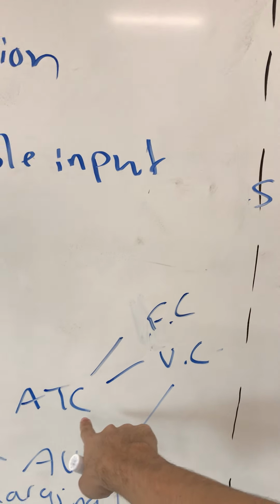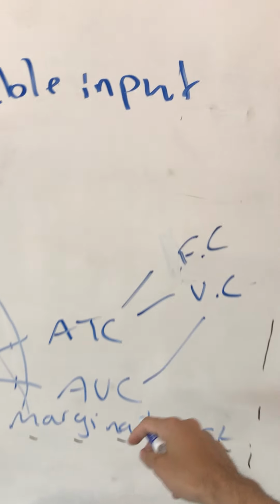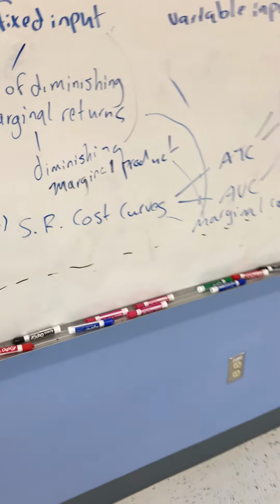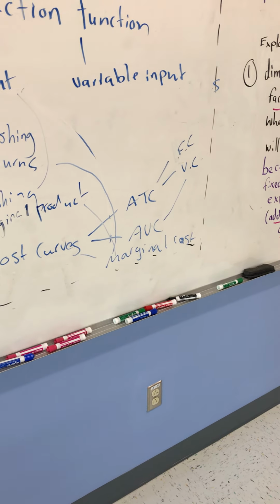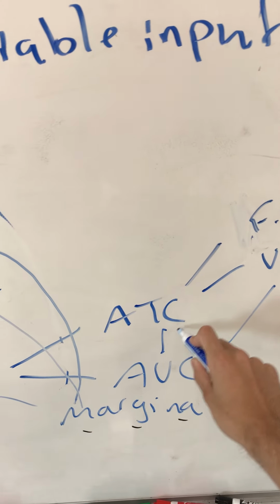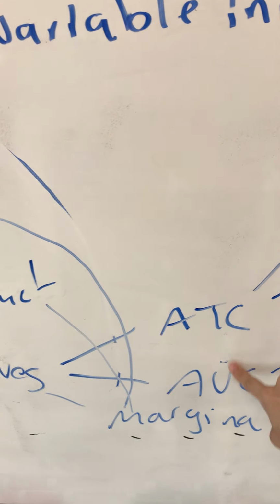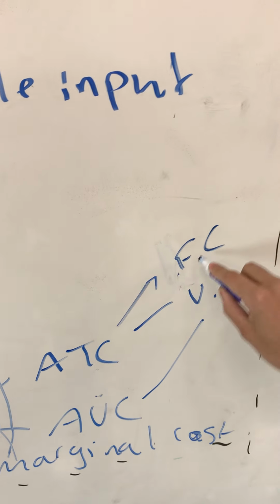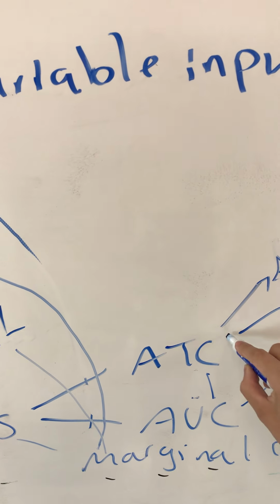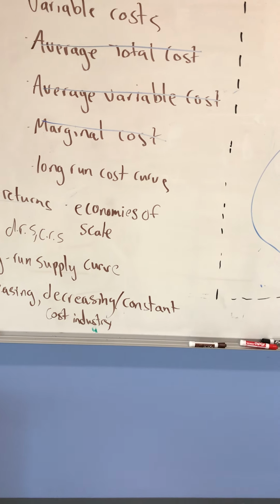Well, actually, ATC is the sum of average fixed costs and average variable costs, but you can kind of see the connections. We can draw a connection between these, right? So maybe somehow show that these two terms link up, the AVC and actually FC specifically, right? Let's see, what are other terms that I can use?